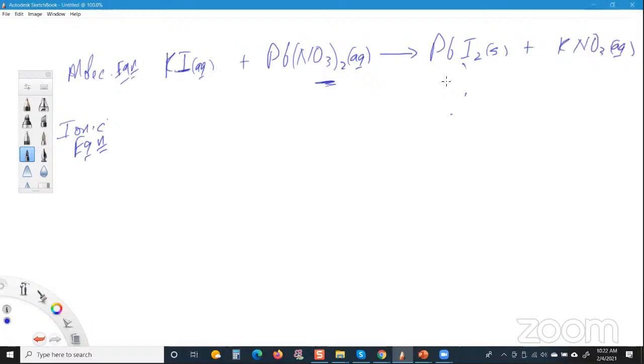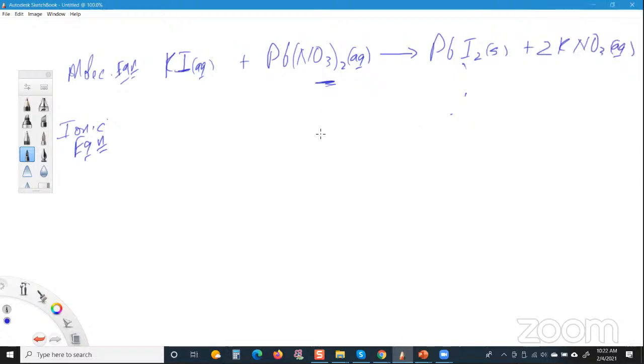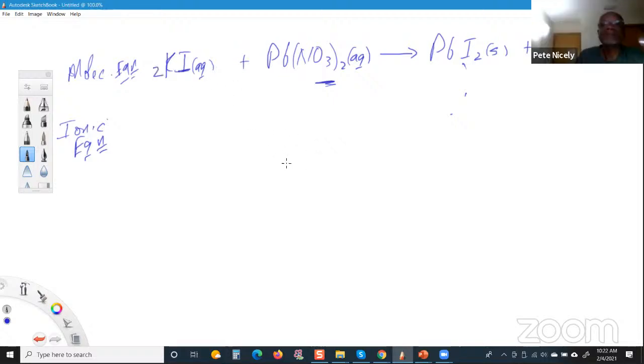So at the very least, we can start with putting a 2 at the right where KNO3 is. Okay, so we put a 2 there. Anything else? Put a 2 at the KI at the beginning. Okay. Yes. Anything else?